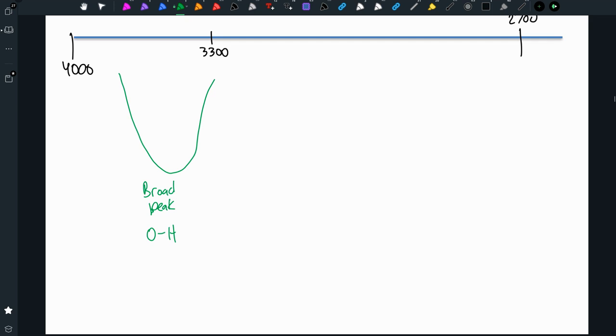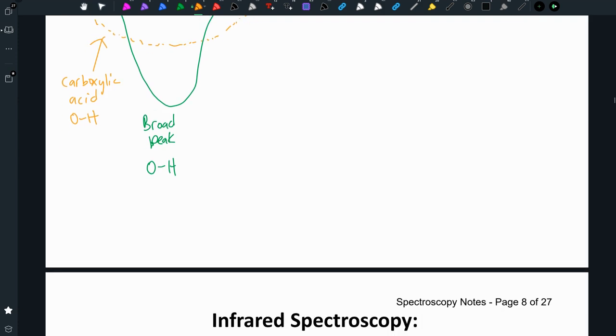Now, occasionally, if it's a carboxylic acid OH peak, then sometimes it's even broader and even vaguer. A carboxylic acid OH peak can be even broader, and it'll often overlap with your other peaks.